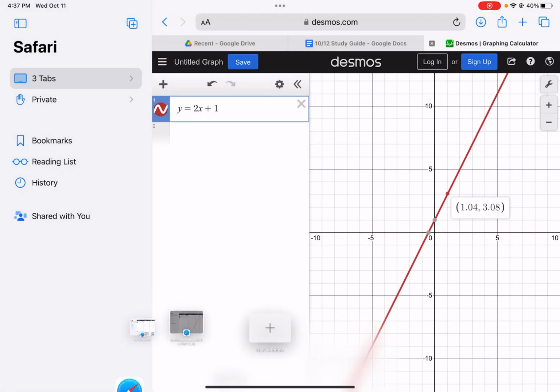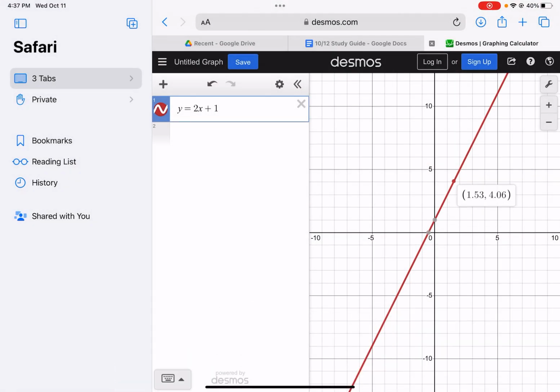So I go to 1, 3. Sorry, it's hard to see with my finger here. All right, this doesn't really work because I can't see with my finger. Oh, here we go. I can use the pen. All right. 1, there it is. 1, 3, right? It goes through the point 1, 3.